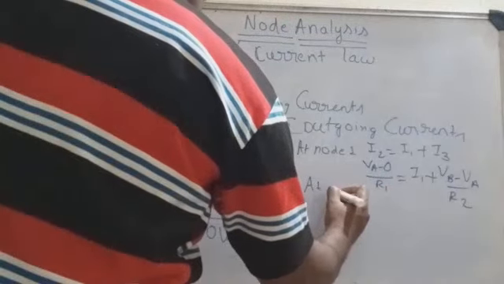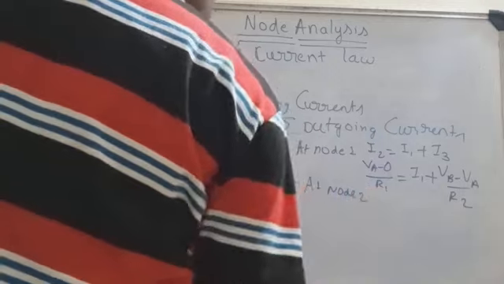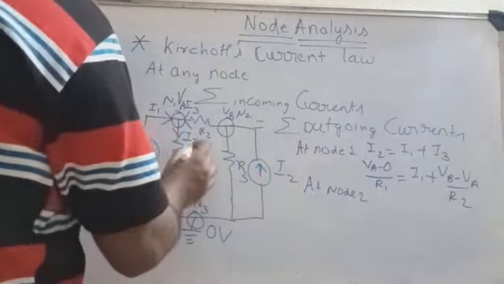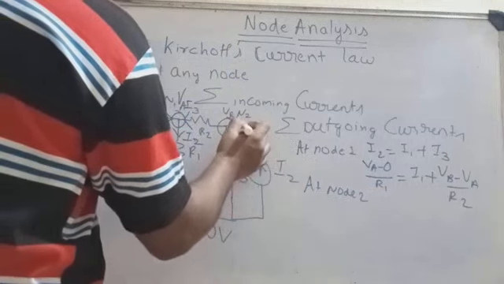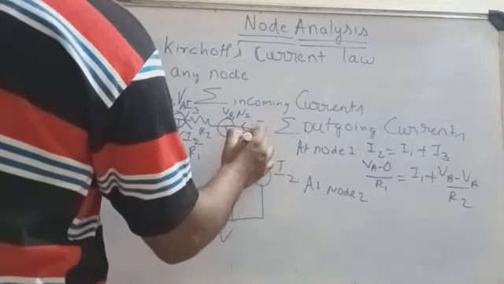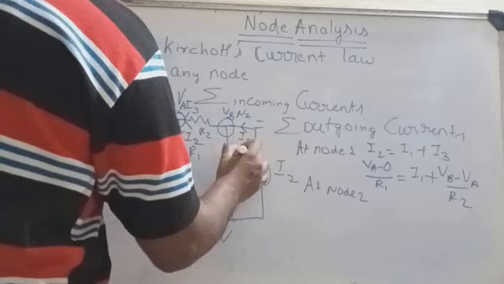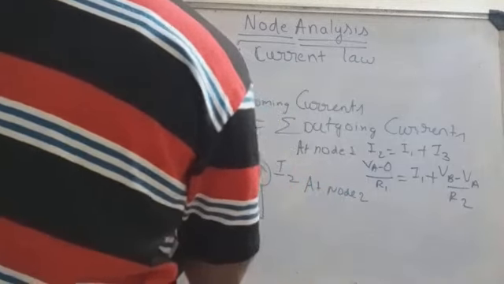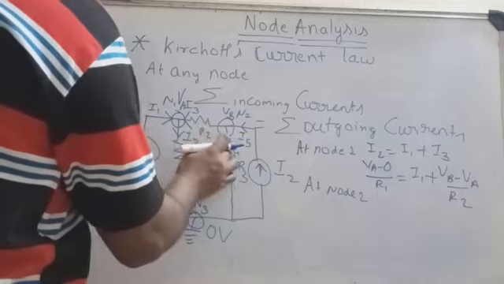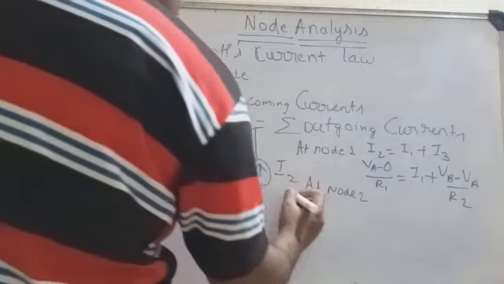Next, at node 2, I have I1, I2, I3. So I'll take this current I2 as I5, I4. So incoming current I5, two outgoing currents I3 and I4.